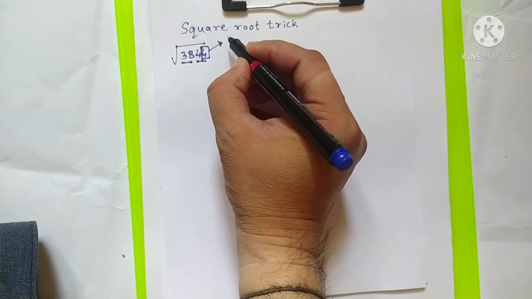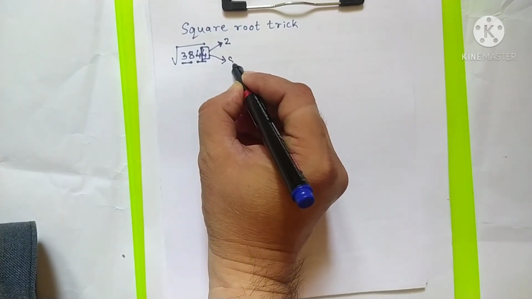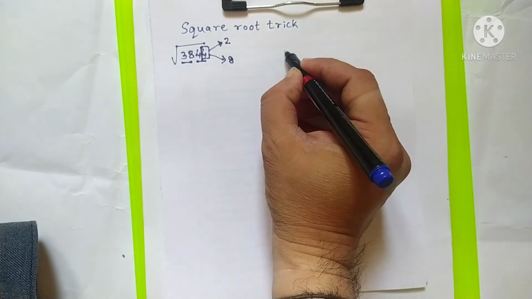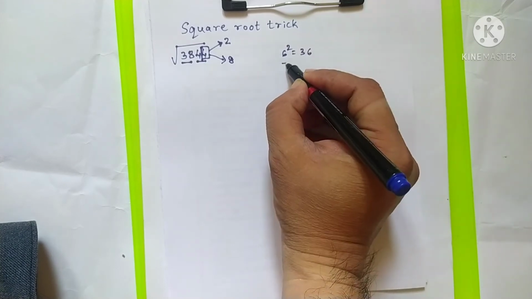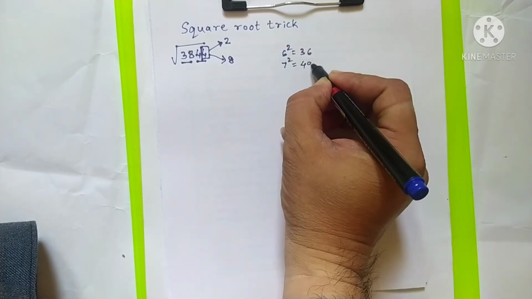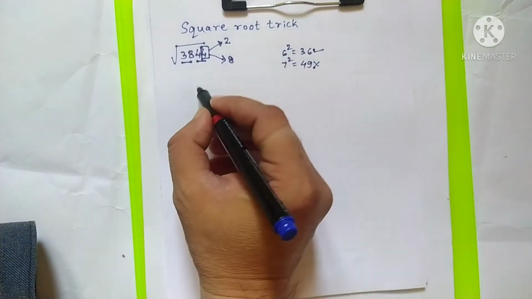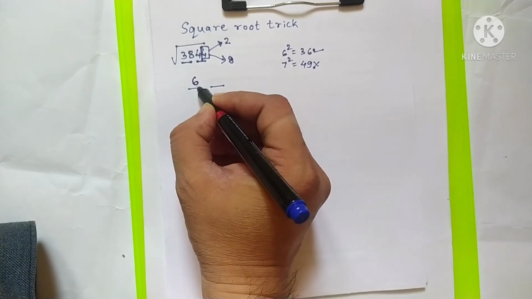Therefore in its square root either 2 or 8 will come. Observe this 38. You can easily say 6 square is 36 and 7 square is 49. You can't take 49, you have to take 36, that is 6. 6 in the tens place.